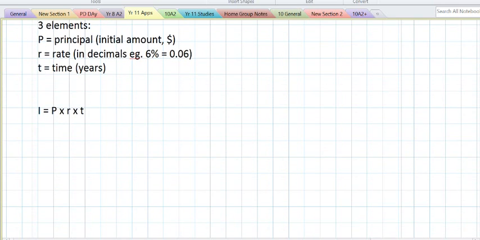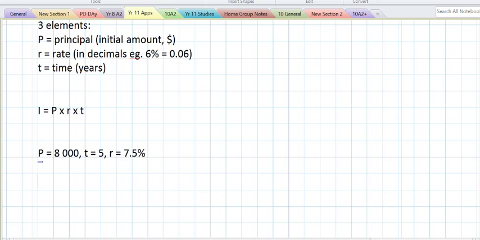So, for example, let's say, who wants to borrow money? Kirli borrows a principal of $8,000 for a cheap car, and you reckon you can pay the $8,000 off in 5 years? And it's simple interest, and the interest rate is, say, 7.5%. The question is, what would she actually have to repay at the end of those 5 years?